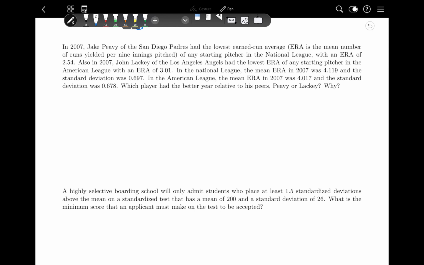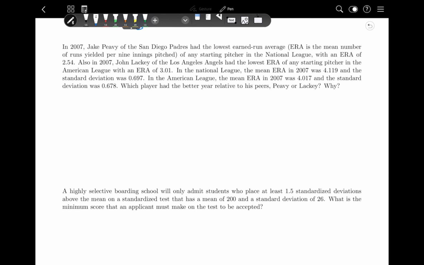So for example, in 2007, Jake Peavy of the San Diego Padres had the lowest earned run average, ERA. It is the mean number of runs yielded per 9 innings pitched of any starting pitcher in the National League with an ERA of 2.54. Also in 2007, John Lackey of the Los Angeles Angels had the lowest ERA of any starting pitcher in the American League with an ERA of 3.01.